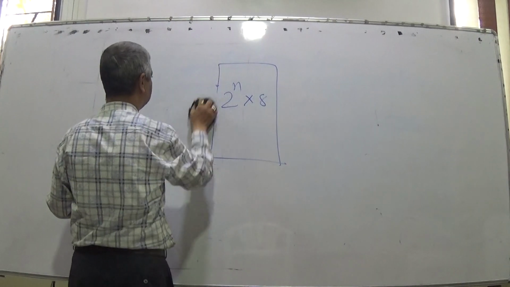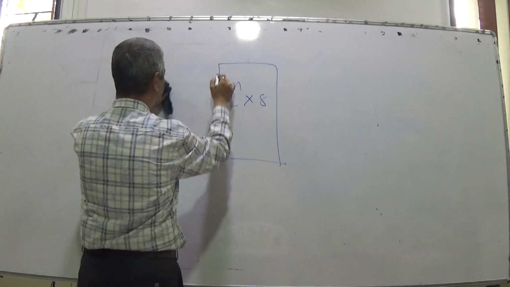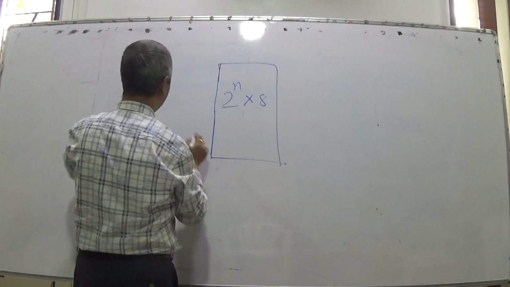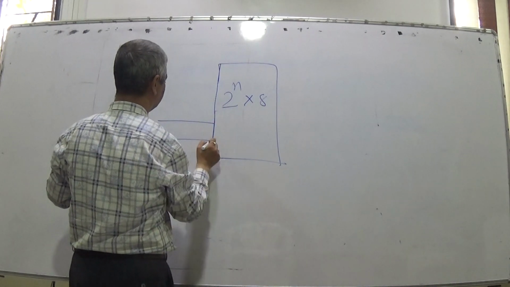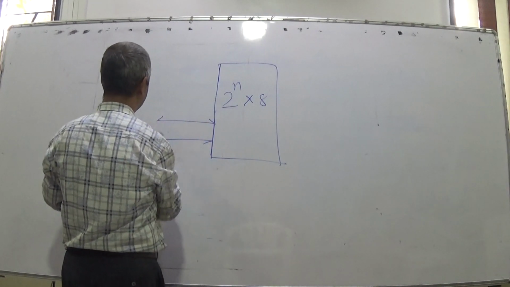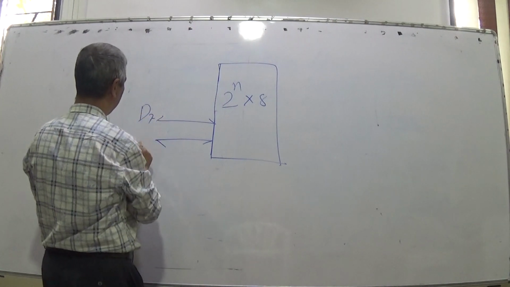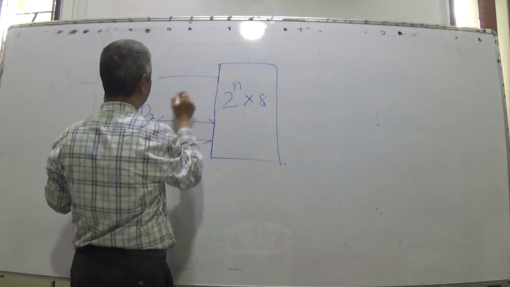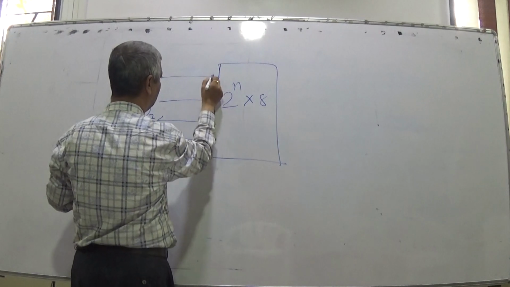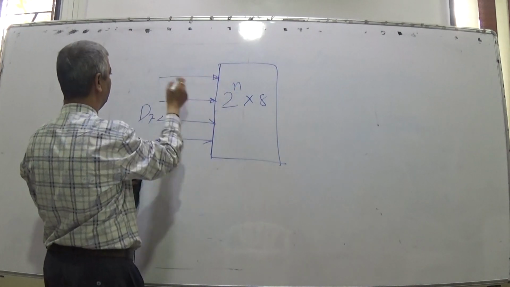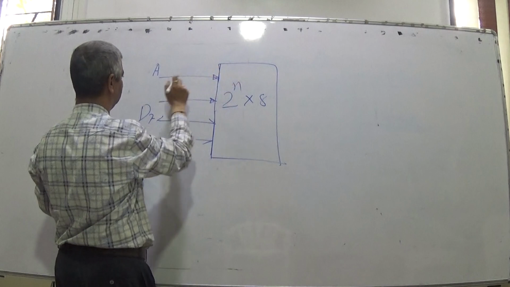I show it like this. 8 data lines always, and that is D7 to D0. The address is unidirectional. The user addresses memory. Memory doesn't address itself.